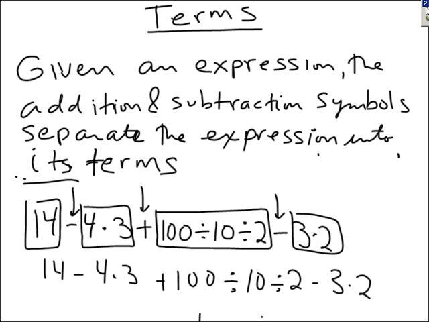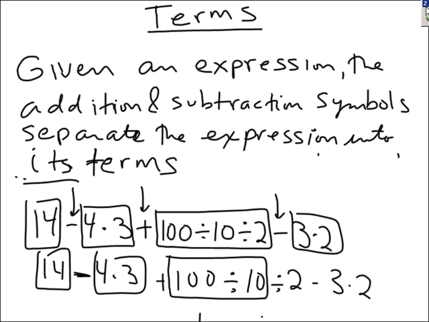You shouldn't be saying something like this piece minus this piece plus this piece divided by that piece. The pieces, or the terms, are separated by addition and subtraction symbols. That's not an addition or subtraction symbol. It's a division sign.